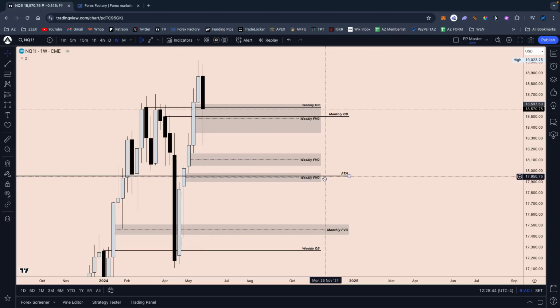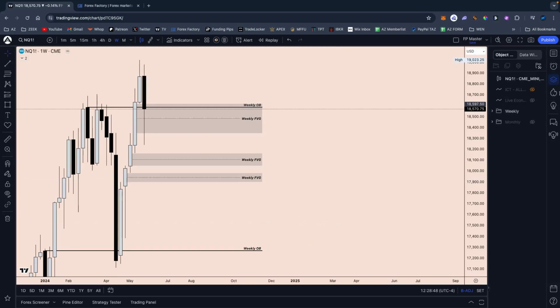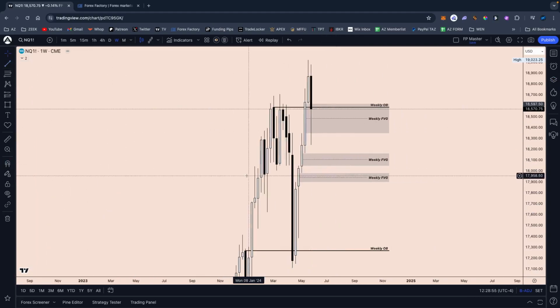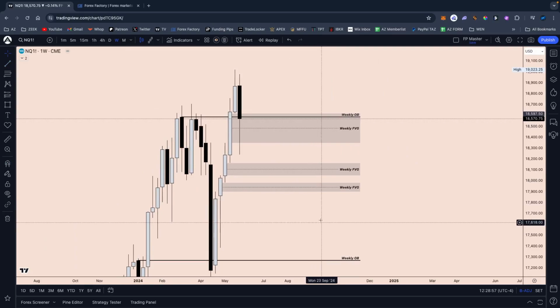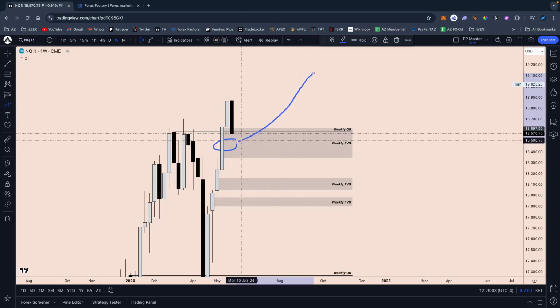We all know it's there. Let me hide the monthly again here quickly. Do we need the all-time high? No, we don't need that. That's fine for the weekly time frame. So the question is, will we continue higher from here? Or will we first start to retrace into these weekly inefficiencies that we left behind?